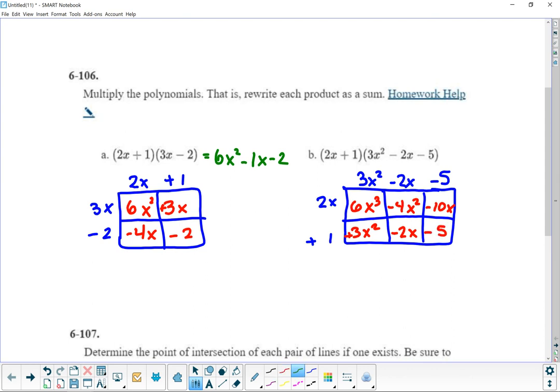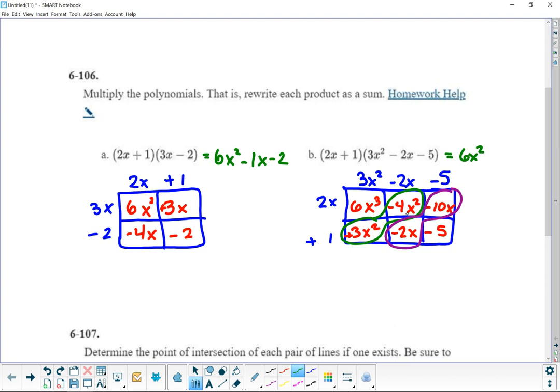All right, and you're going to be able to combine these together, and these together, and these together. So your final answer, something like 6x squared.